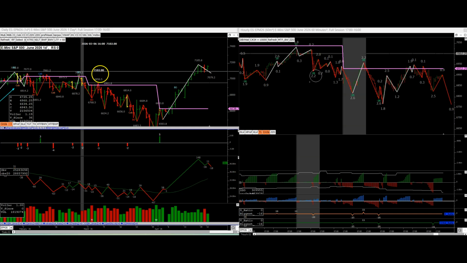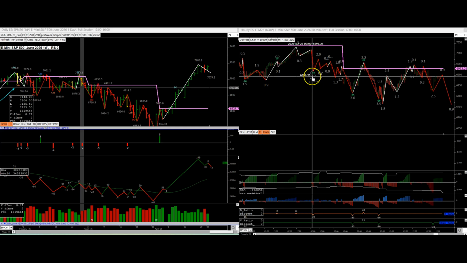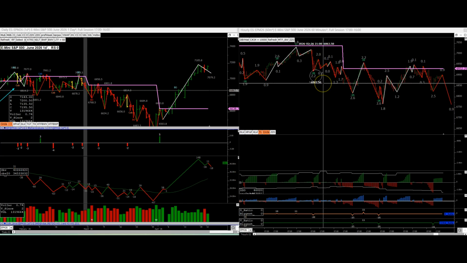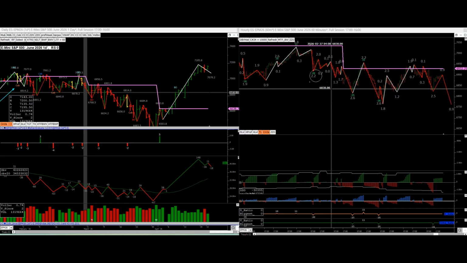This 2 is this 2.2. What is 2.2? It is basically saying that this wave has more than double the average volume on the down wave. This down wave has 2.2 times the average down volume. Double the volume. That's what it says.